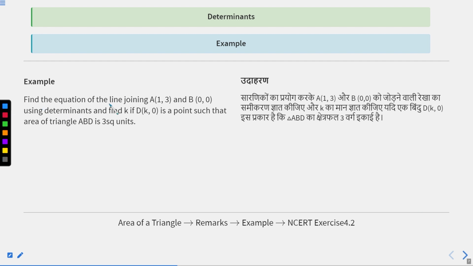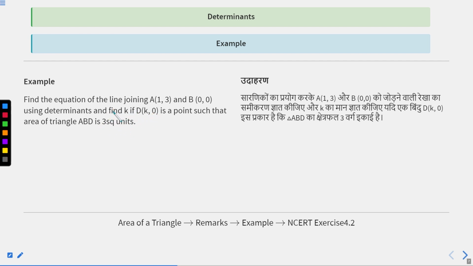Now find the equation of the line joining A and B using determinants. And find k if D(k, 0) is a point such that the area of triangle ABD is 3 square units.